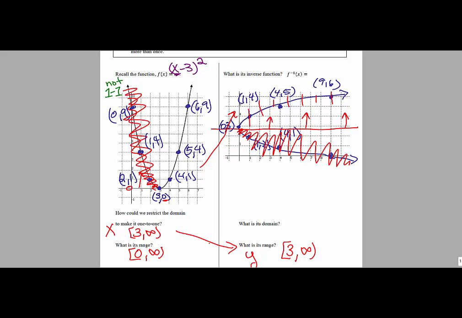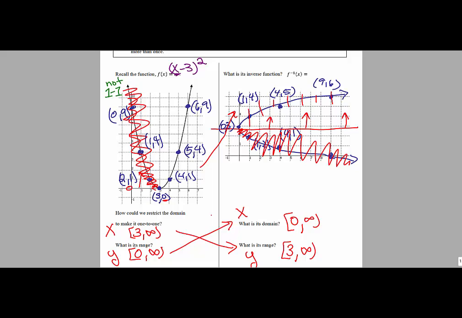The whole idea of inverses is that domain and ranges, or x and y values, switch places. The range should become the domain of the inverse. So when I look at the domain, what are the x values? Well, the x values start at 0 and then go toward the right forever. So the y values of the original function become the x values of the inverse function.